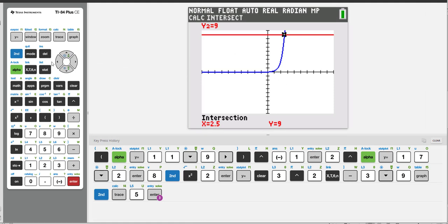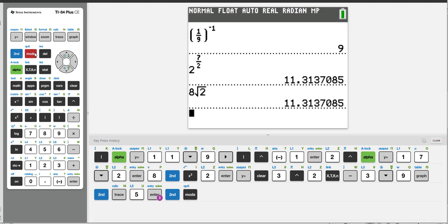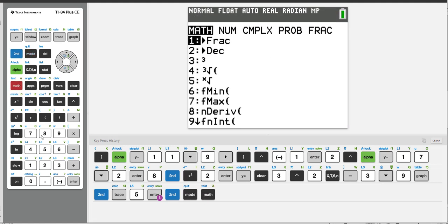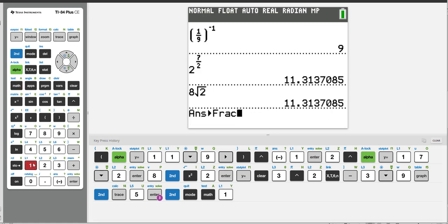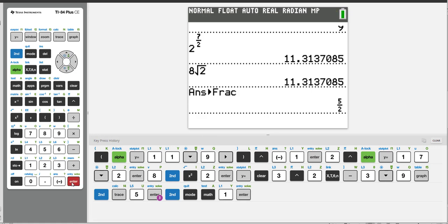To do this, press second, quit. Press math and select number 1, frac for fraction. This takes your last answer and converts it into a fraction. Press enter. This gives the answer of 5 halves.